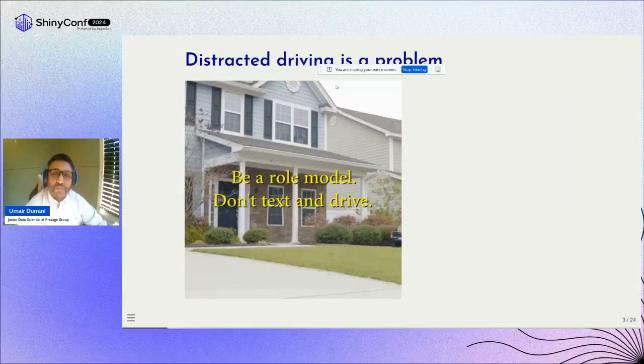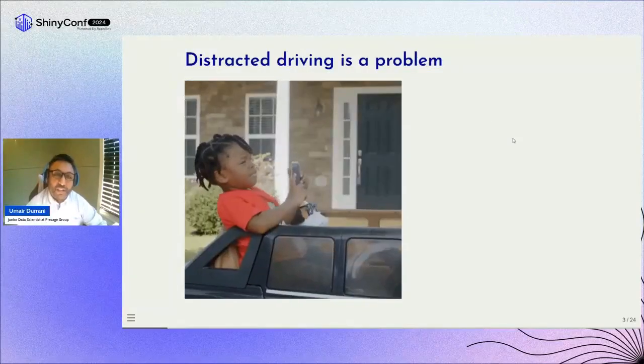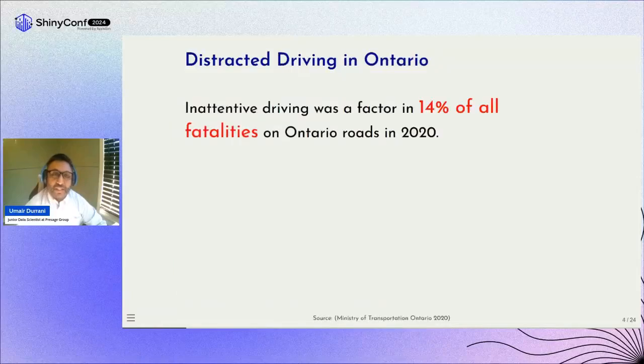The main reason for this project was distracted driving, a broader topic, which, as we all know, is a big problem. And distracted driving in Ontario, particularly, is a rising issue. In 2020, about 14% of all fatalities were happening due to inattentive driving as a factor.